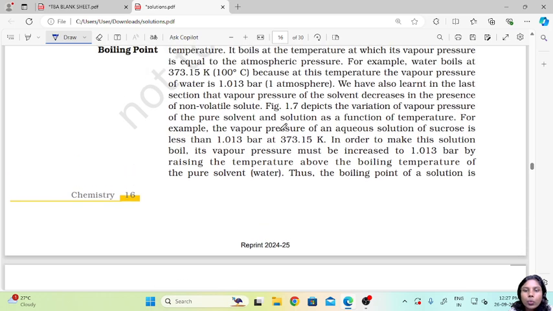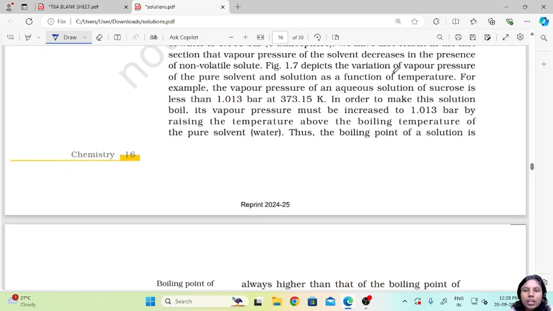When we talked about water, the vapor pressure was 1.013 bar. Now you have added sucrose to the same water, so its vapor pressure will be less than 1.013.